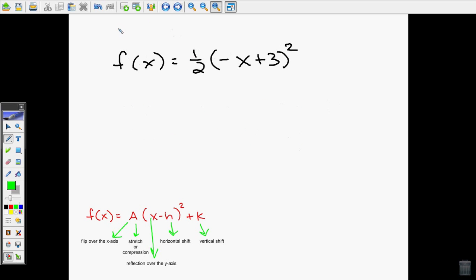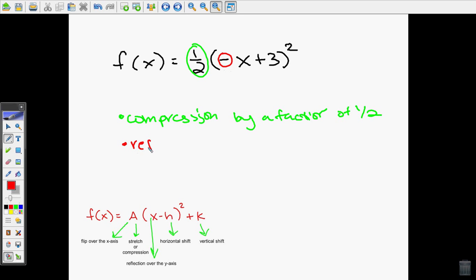On this next example, because of this 1/2, it is a compression by a factor of 1/2. Because of this negative, it's reflected over the y-axis. And again, it's because the negative is inside the parentheses that it's reflected over the y-axis.